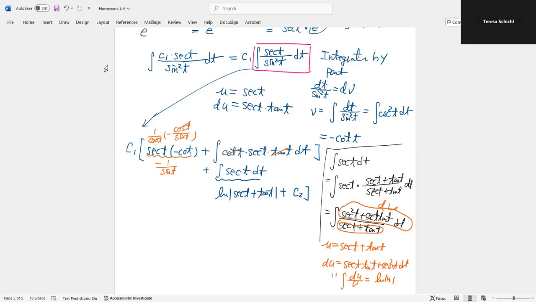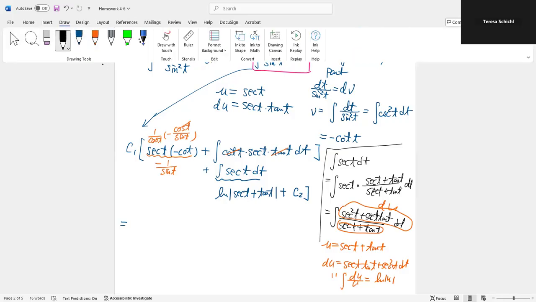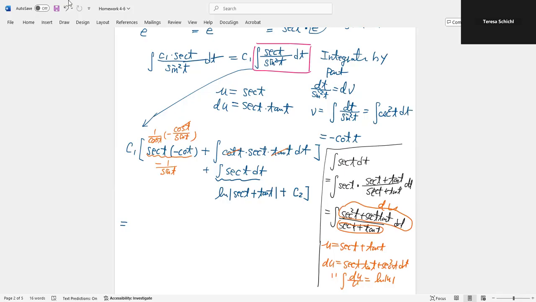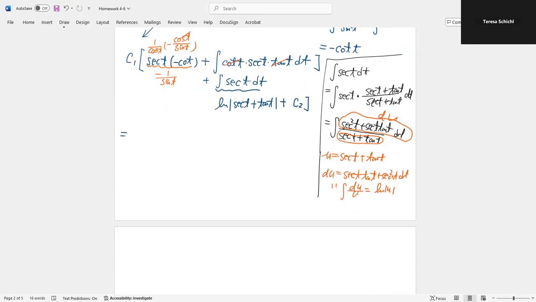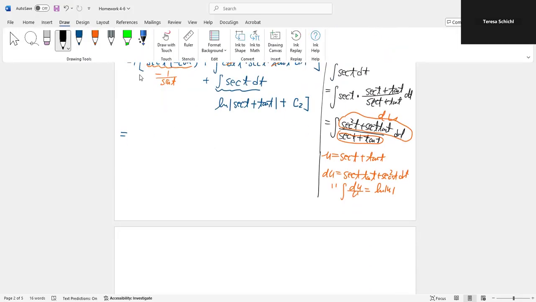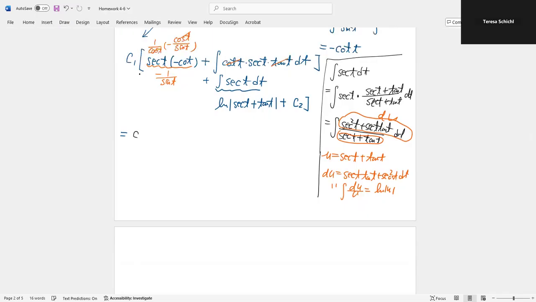Now let's rewrite it a little nicer so we can see. So this will be c1 times negative 1 over sine t, plus ln of secant t plus tangent t, plus some c2 here.